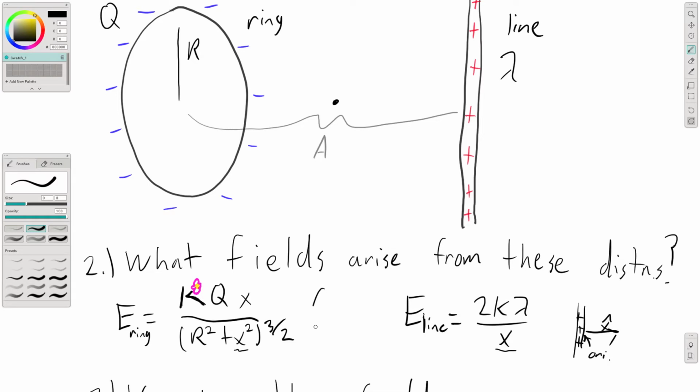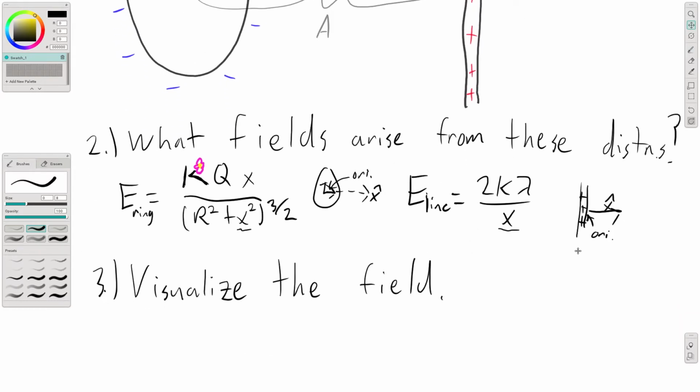And with this one, we're assuming that x is going out this way and the origin is here. So we actually need to put these two x values in either of these equations in our coordinate system when it comes time to calculate things.